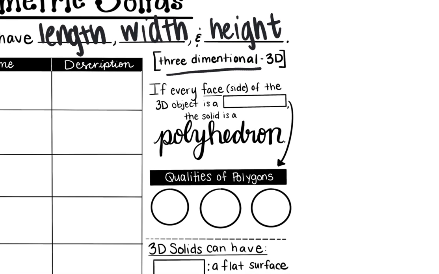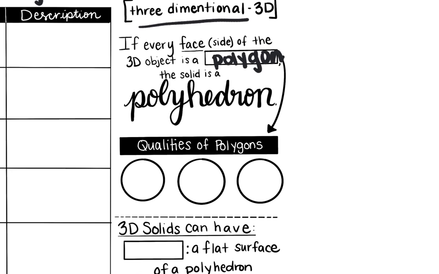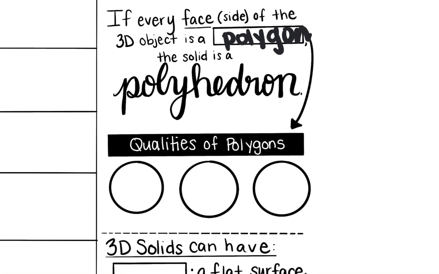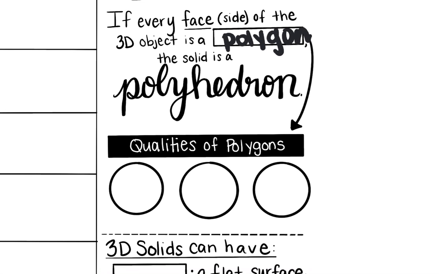If every face, which they mean side, of the 3D object is a polygon, not polyhedron, the solid is called a polyhedron. So all the faces must be polygons so that we can say a shape is called a polyhedron. If you don't remember what a polygon is, there are qualities that are very important for a polygon.